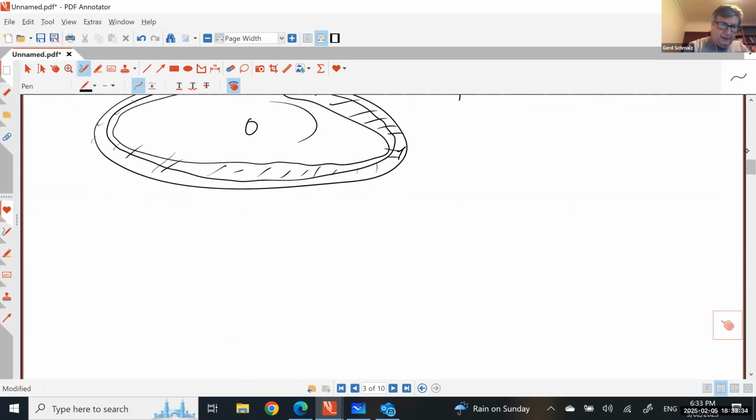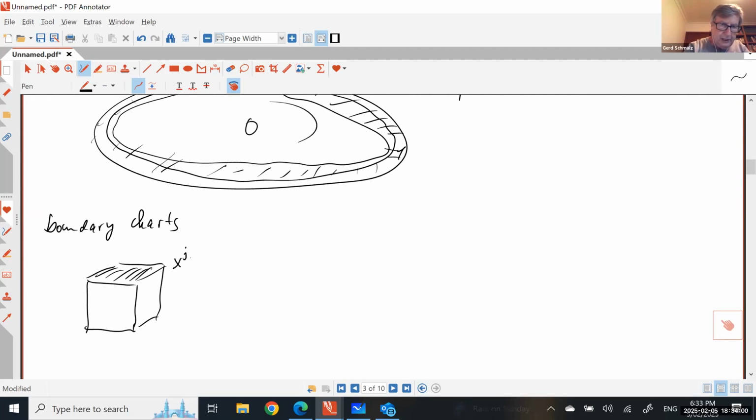So now the boundary charts. What happens to the boundary charts? Well, pretty much everything is the same. So we have only this for x_j equals 1. We have here something. We don't have anything on these other boundaries, and we don't have anything inside.